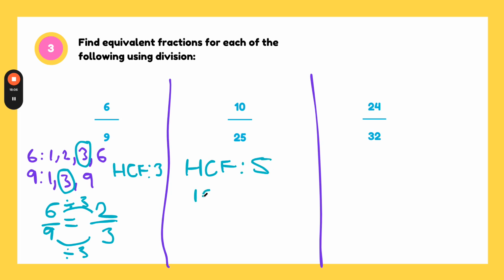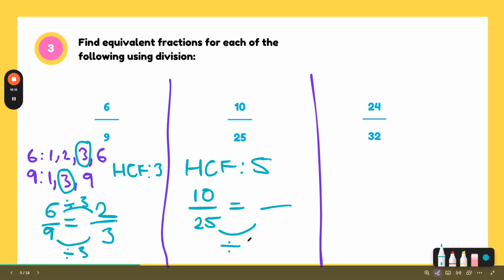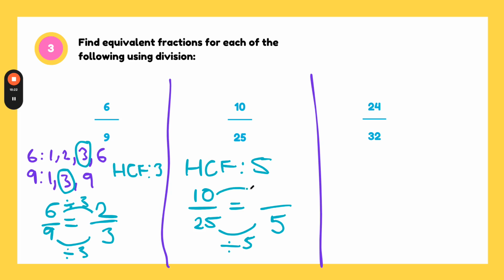So we divide both numerator and denominator by 5. So we do 25 divided by 5, which is 5, and 10 divided by 5, which is 2. So our answer is 2/5.